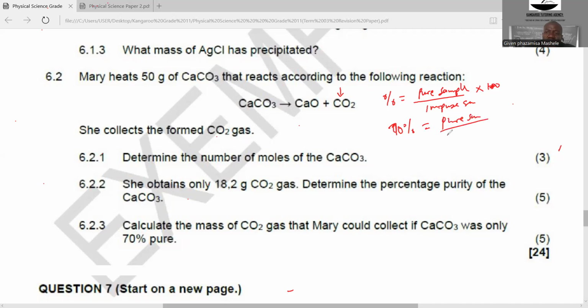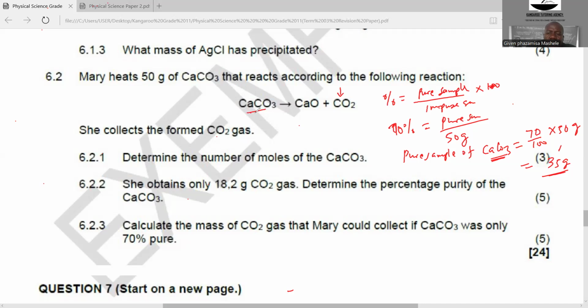The impure we already know is 50 grams. So we can calculate the pure sample of calcium carbonate. I believe you're following. It will be 70 out of 100 multiplied by 50 grams. So we're going to calculate 70% of 50. This will give us 35 grams. So it means the 35 grams is for calcium carbonate.